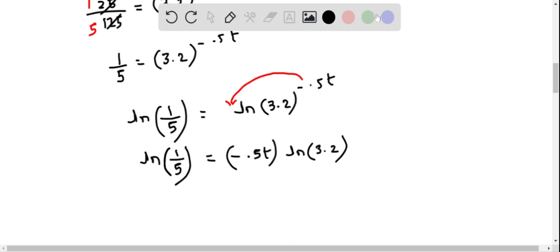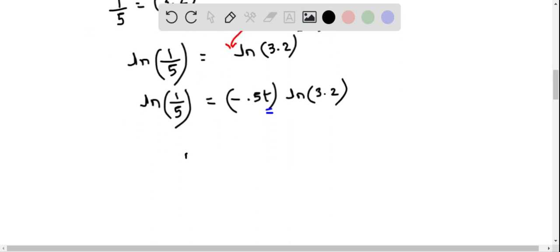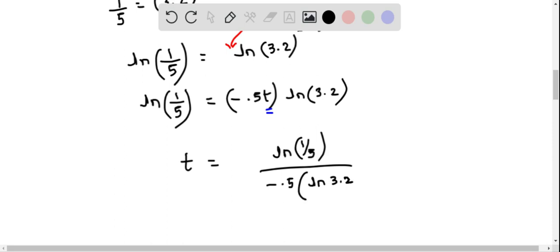We now solve for t from this equation, which means we just have to keep the t on this side and divide by this quantity, that is negative 0.5 times natural logarithm of 3.2. And when we do that, we get the expression for t. This equals natural logarithm of 1/5 divided by negative 0.5 times natural logarithm of 3.2.